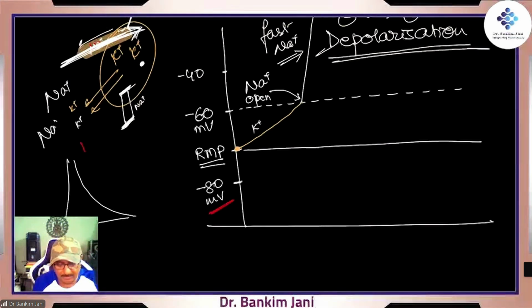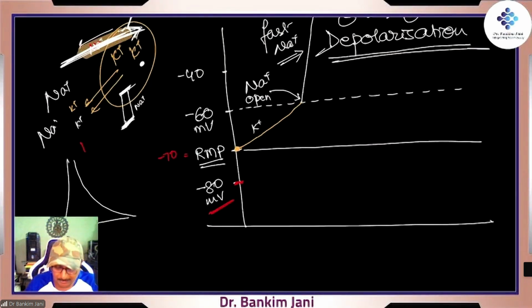Let's say for some reason, in the cell whose potential was at minus 70, the negativity has increased. So from minus 80 millivolts, this is now the voltage inside.